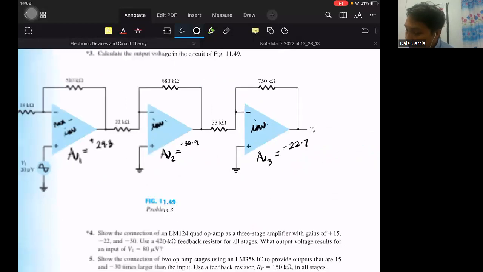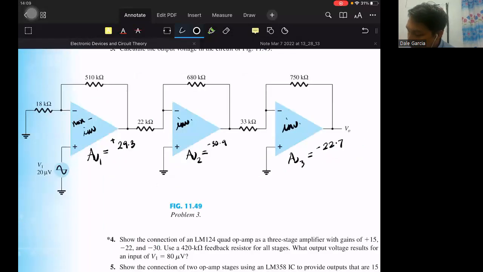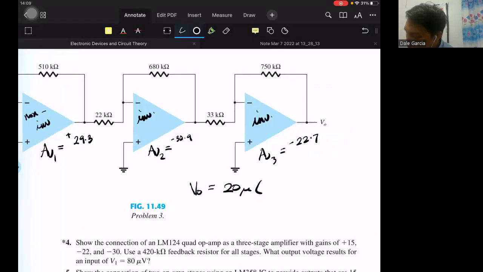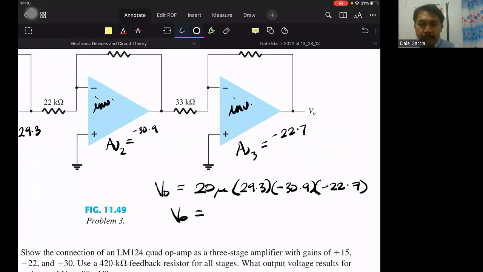So if our input is 20 microvolts, VO would be 20 micro times 29.3 times negative 30.9 times negative 22.7. I got 0.0421, sir.